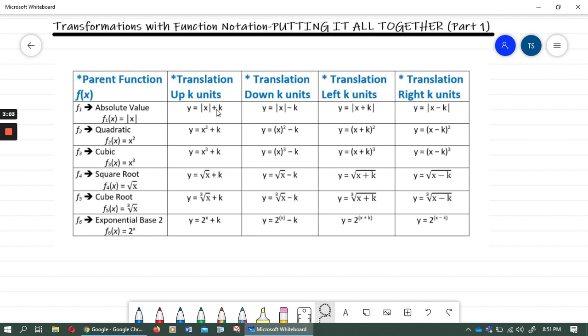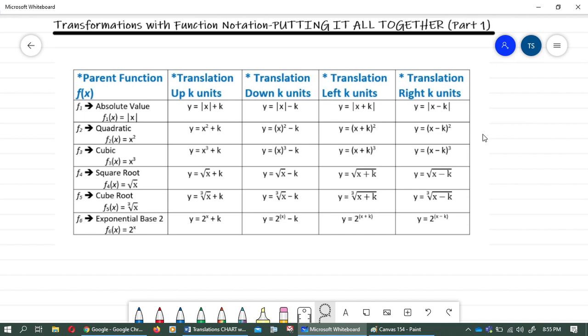And we know that k represents some number that's being added or subtracted. You can see here that it's got these different types of equations, and the way that they're going to look if you are doing these particular translations.